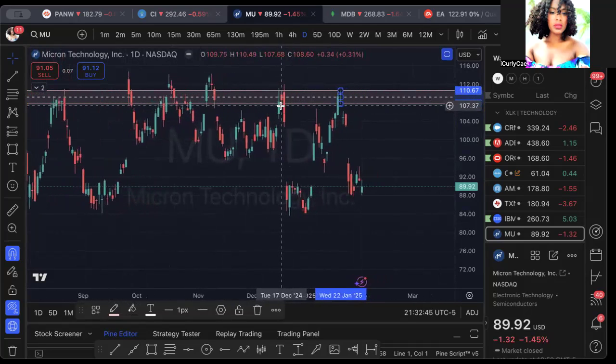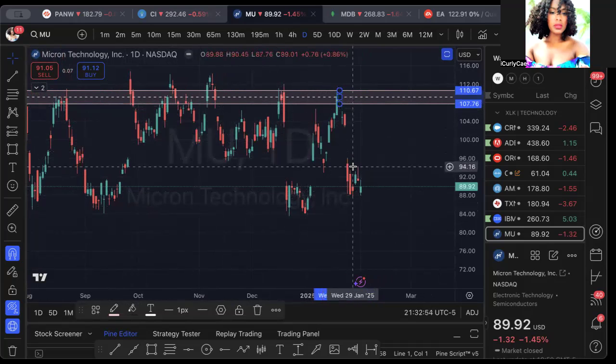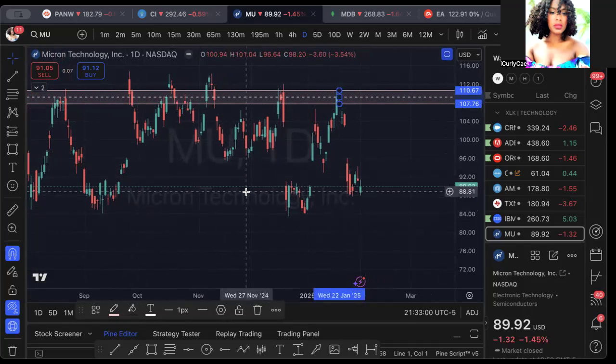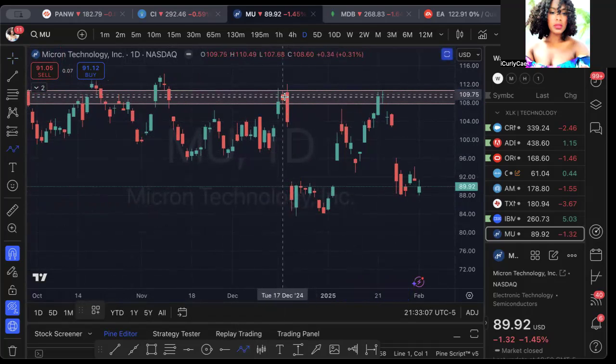Now, if we're going to look for our demand zones, we're going to do the same thing, but in the opposite direction. We want to look for the V shape, and we want it to be more recent. What I see here, obviously there is a gap, but we're still going to use that.